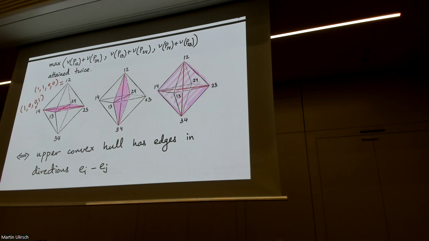So the first picture is showing the situation where for these 2 diagonals the maximum is attained twice, and it is bigger than this one.